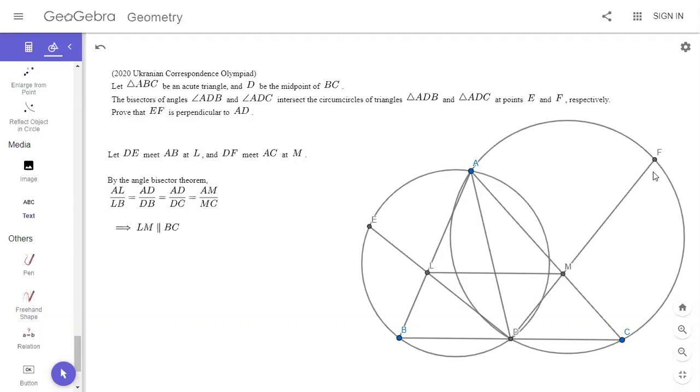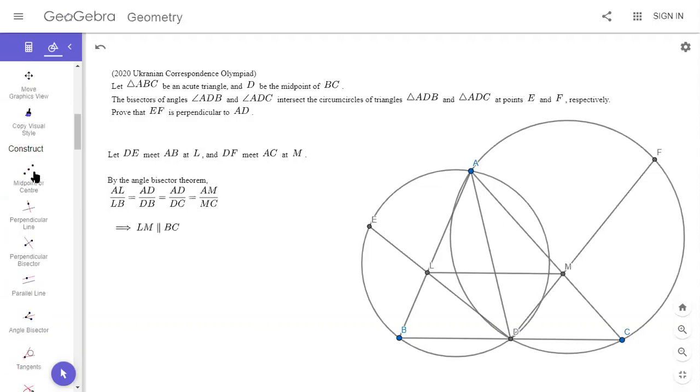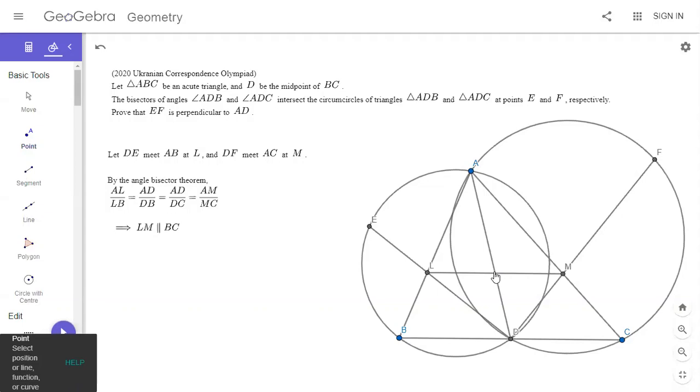If we let the intersection of LM and AD be G, then we know that angle GLD is equal to ADL, because this is a right triangle.